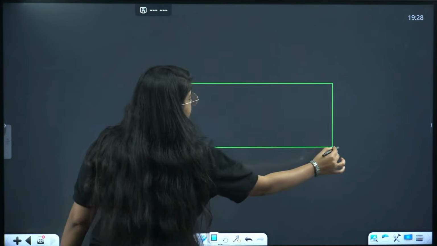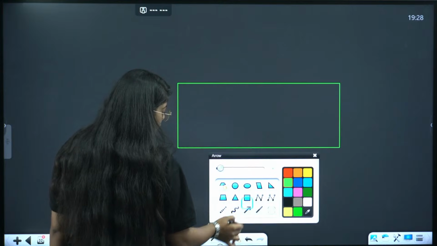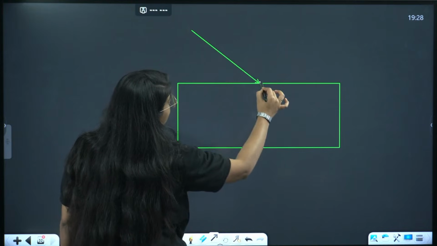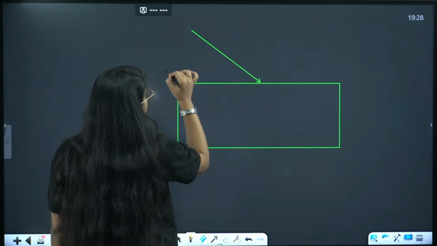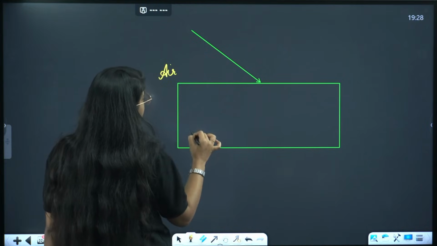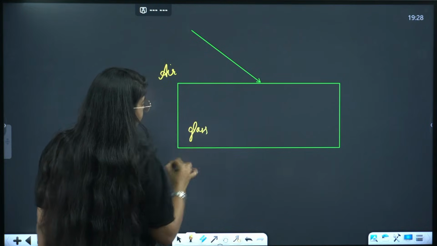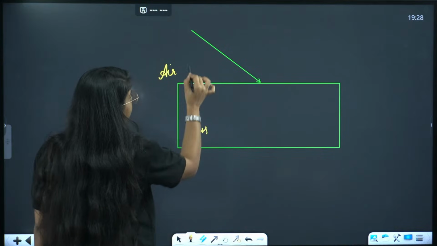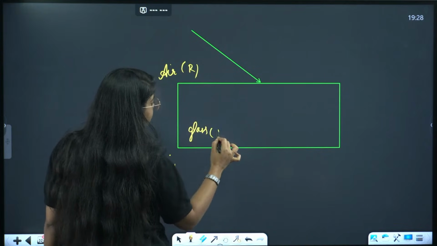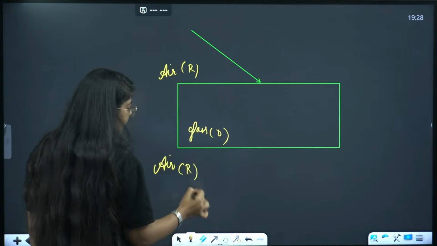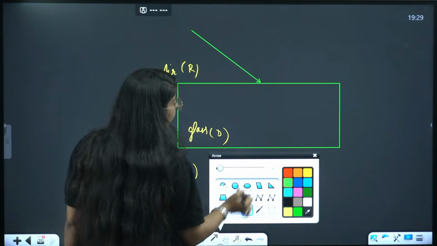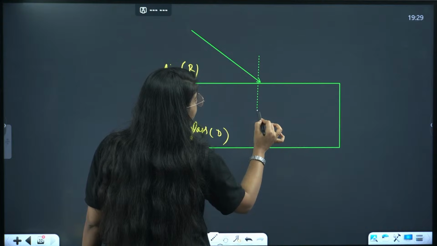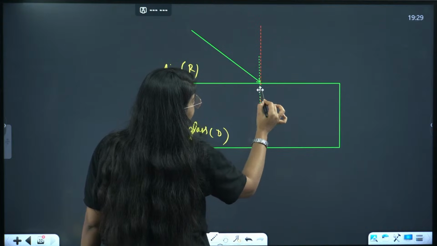क्या करना है? This is a glass slab. ठीक है? Now what is happening? A ray of light is coming. ठीक है? Now this is air, this is glass, and this is again air. This is rarer, denser, rarer, right? Now what you have to do, you have to draw a normal at the point of incidence. Done?